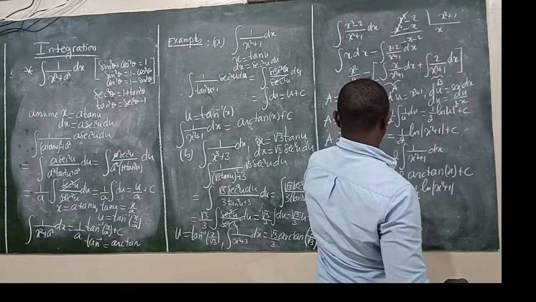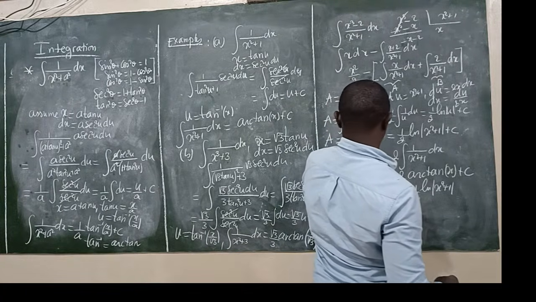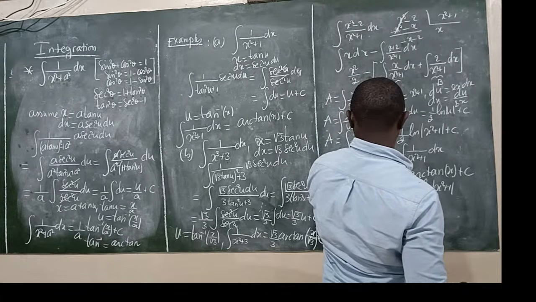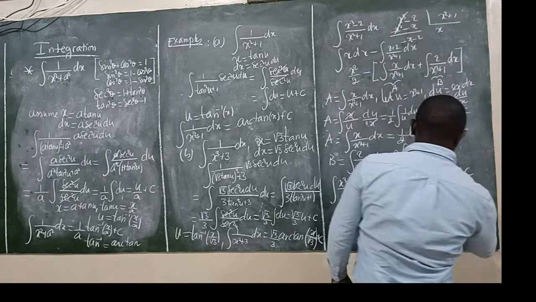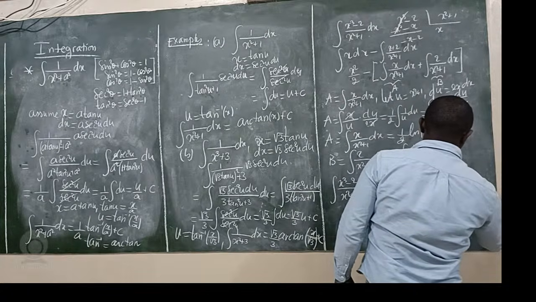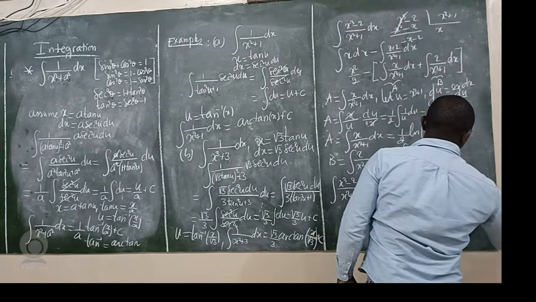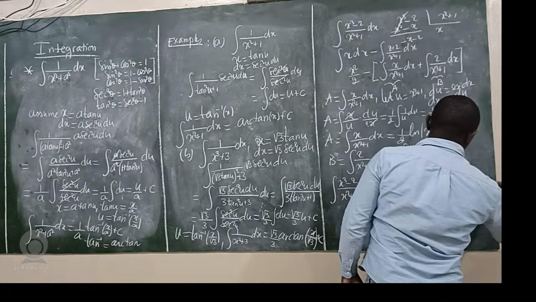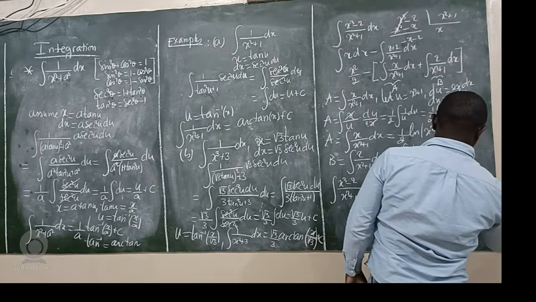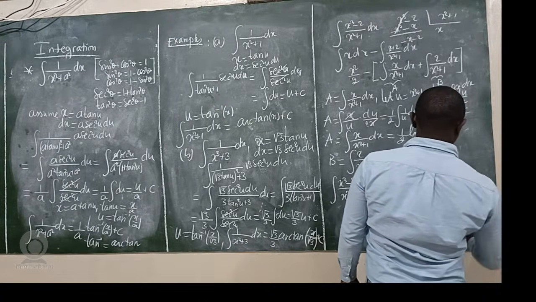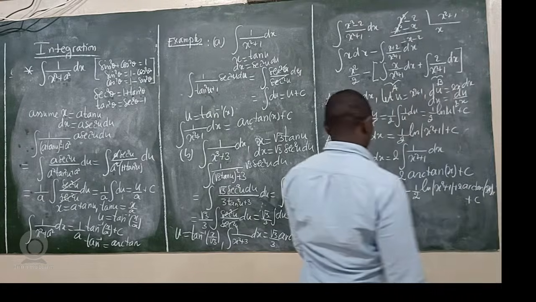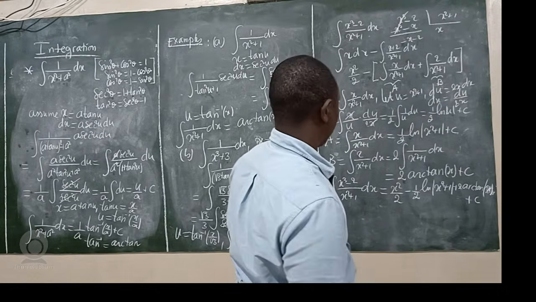The second one is this term? Yes. Plus 2 times arctangent of x. Sorry, of x instead of x squared plus 1. Then you add a constant of integration.